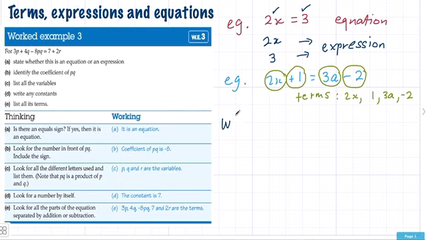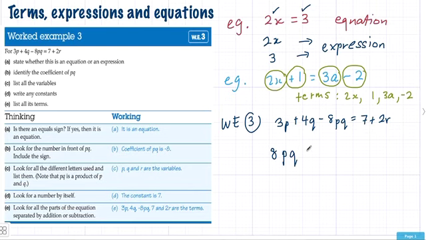So this is worked example number 3. What we're looking at is an equation, because we've got 3p plus 4q minus 8pq equals 7 plus 2r. Now remember that when you have letters and numbers all together, next to each other, it basically means that they're multiplying.